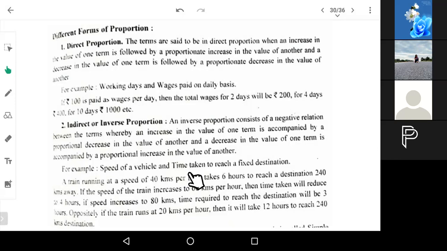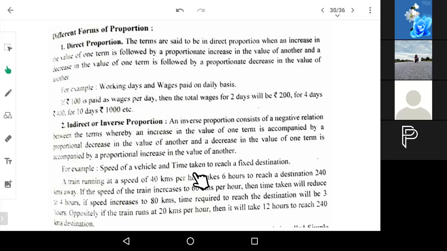On the contrary, if the speed of the vehicle decreases, if we are going slowly, then the time taken to reach Mysore will be too much. Okay, so that is the inverse proportion. Speed of the vehicle and time taken can be the best example for you to understand.